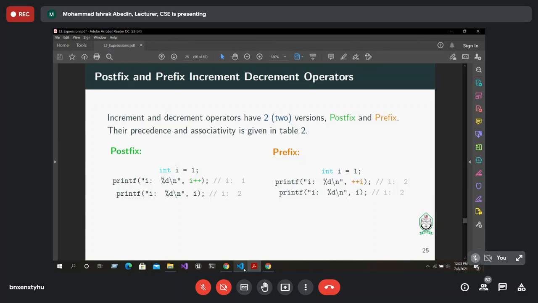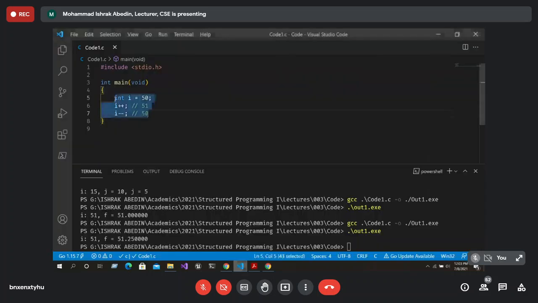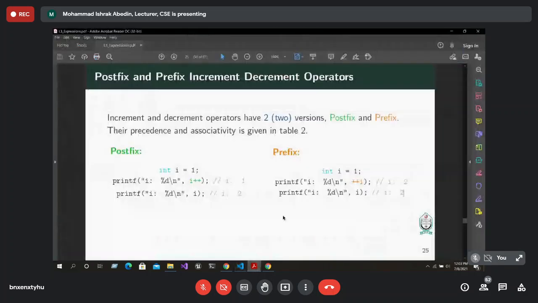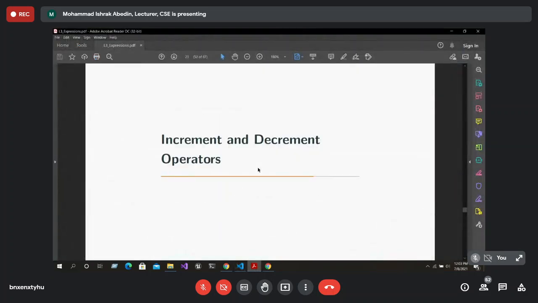If I want to give you an example, let's say integer I is equal to 1, and I write integer A is equal to B plus I plus plus. Remember, the increment and decrement operators have the highest precedence.